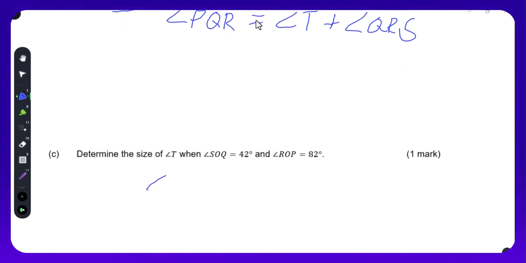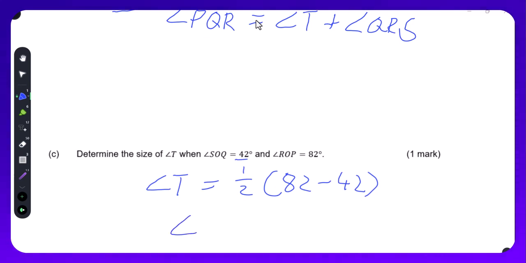So angle T is going to equal half of your ROP minus your SOQ. Your ROP is 82 and your SOQ is 42. 82 take 42 is 40. Half of 40 is 20. That's what we do for that one right there.